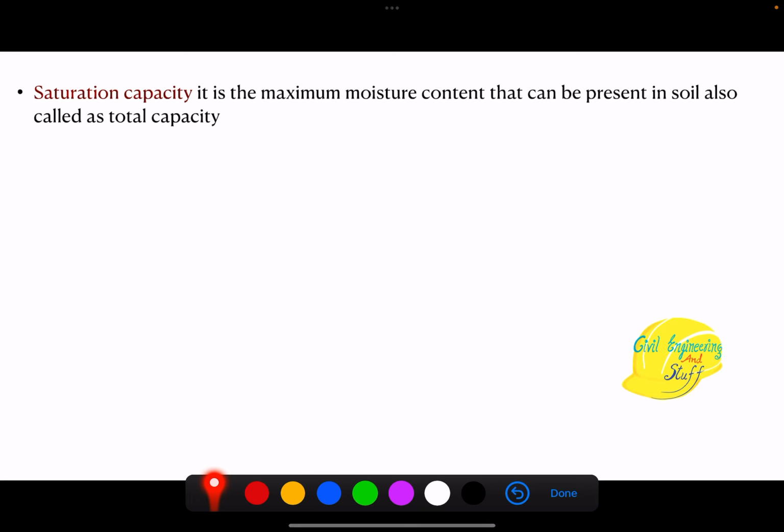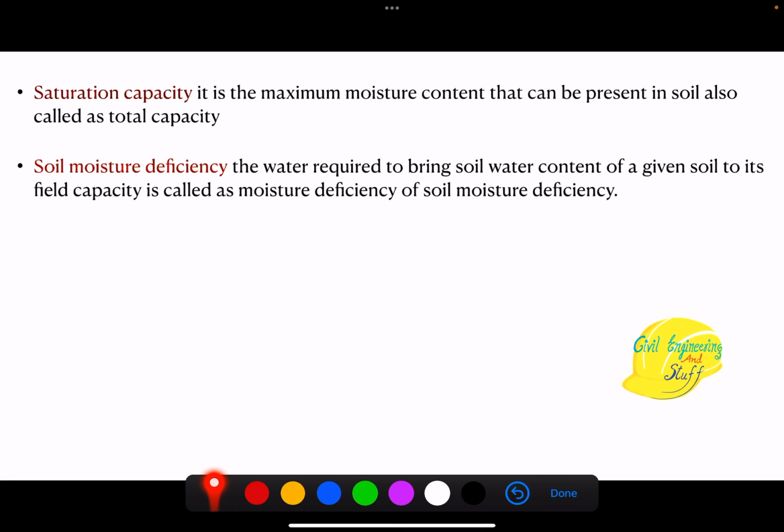Then another term is called the saturation capacity, and saturation capacity is the level of the maximum moisture content that is present in the soil. So at the moisture content below the water table, this soil will be in the saturated state, and this is the maximum amount of moisture that the soil can hold, and this is called the saturation capacity.